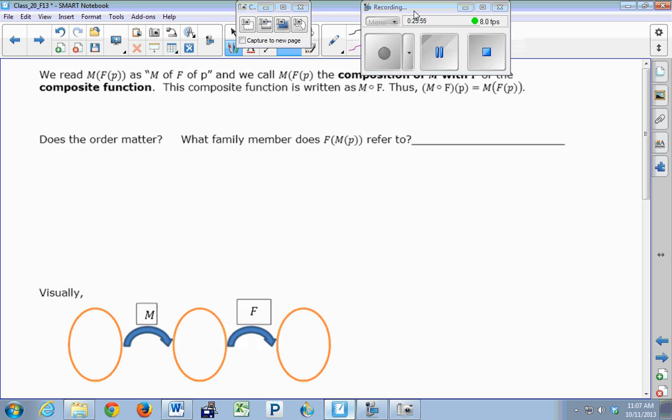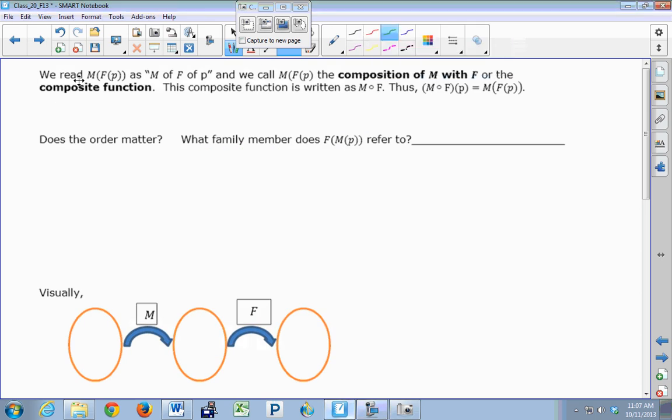So here's the language that we've been talking about. Let me give you some new language. We read M parenthesis F parenthesis P parenthesis parenthesis as M of F of P. As you read left to right, when you see a parenthesis, you can replace it with the word of.